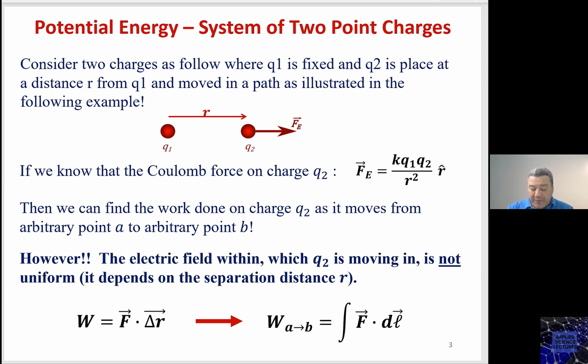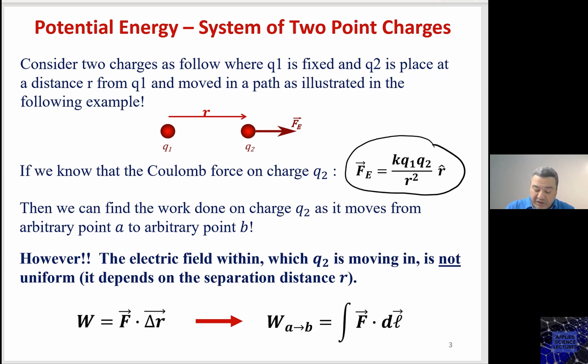So what's going to happen to the Q2 if I assume Q1 is fixed and I release Q2? We know that there is a repulsive force applied on the Q2, pushing it away because both are the same type of charge. Both are positive, and in this case, this force is given by Coulomb's law as this.